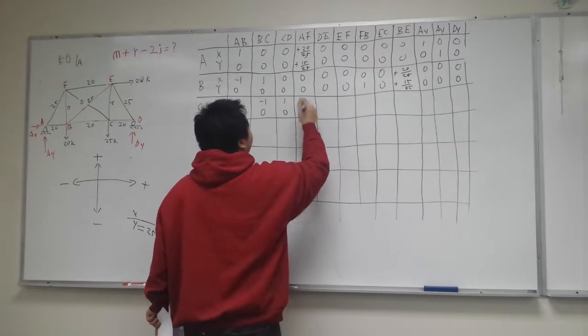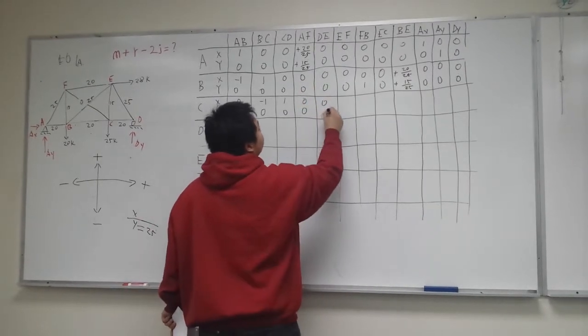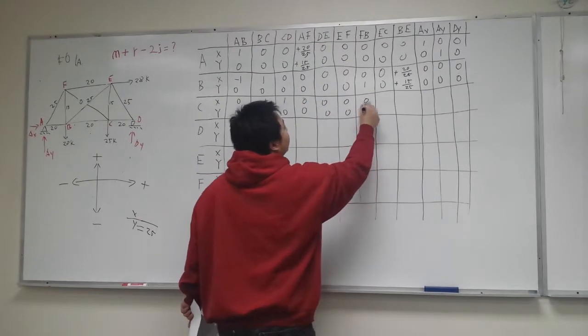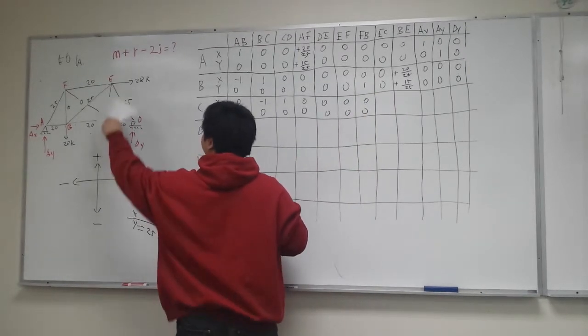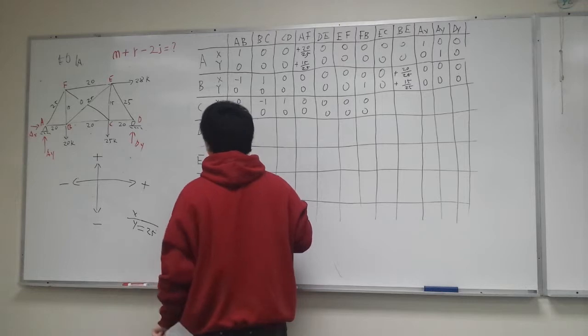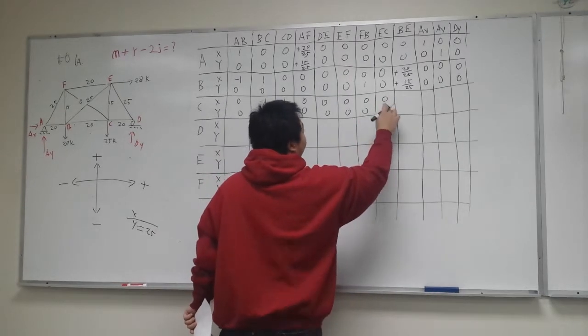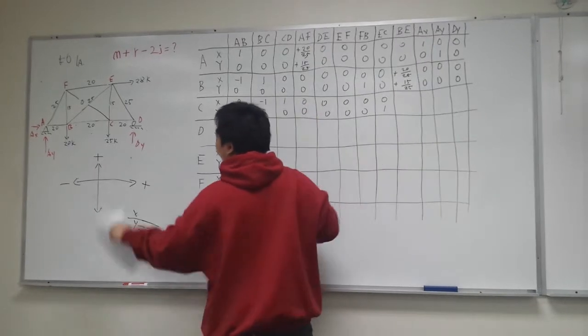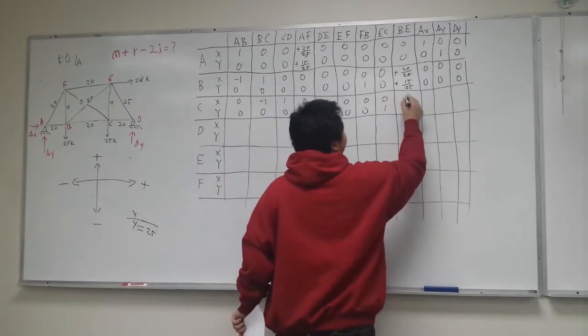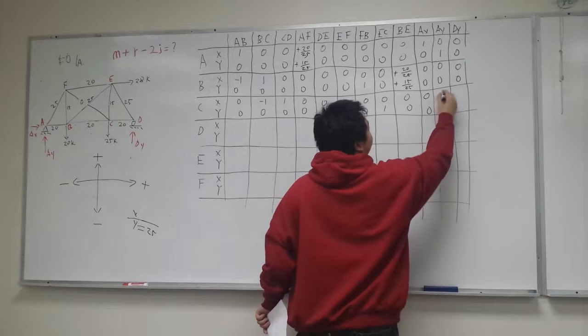No D, no C, 0. EC is going up, from C to E, so it's positive. That means Y is 1. BE had nothing to do with C, so 0, 0.